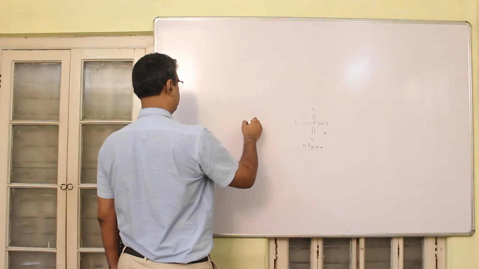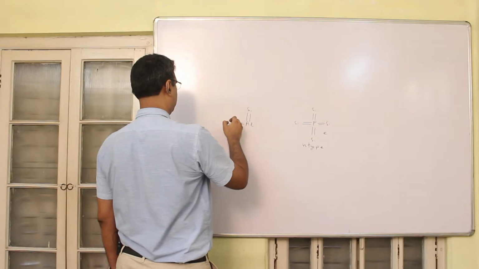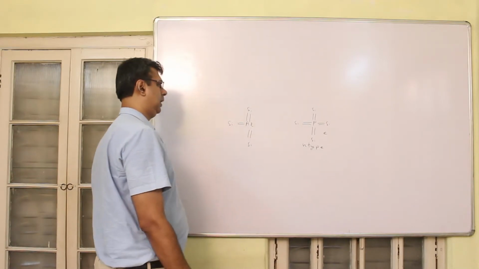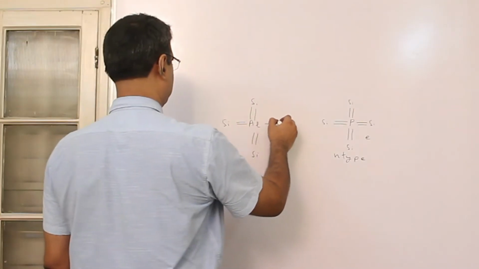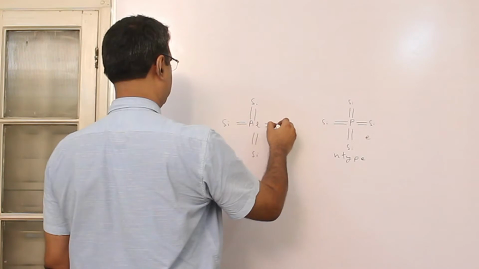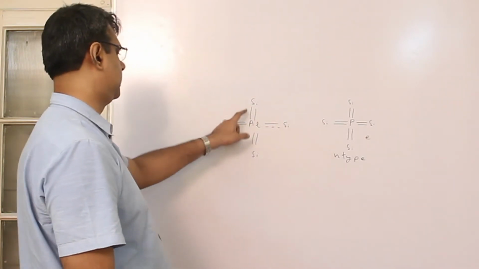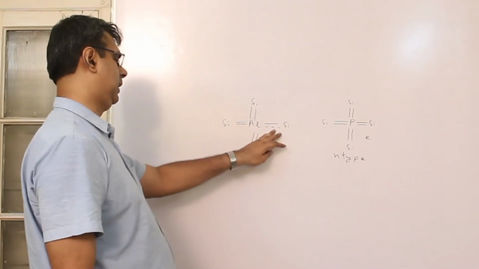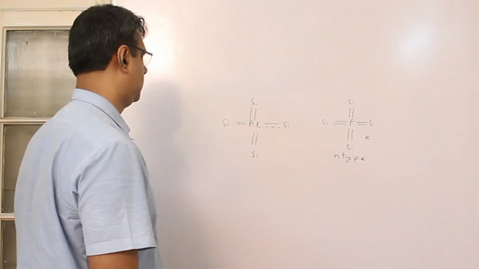The other thing we can do is add a trivalent impurity. For example, aluminium is a trivalent impurity. If you add it, there will be 3 bonds of aluminium with 3 silicons, and at the site of the 4th bond there will be a vacancy because aluminium has only 3 electrons in the outer shell.